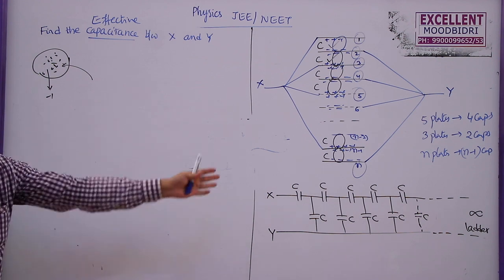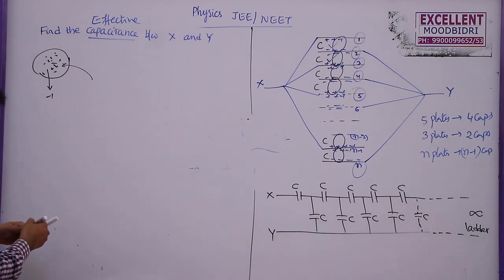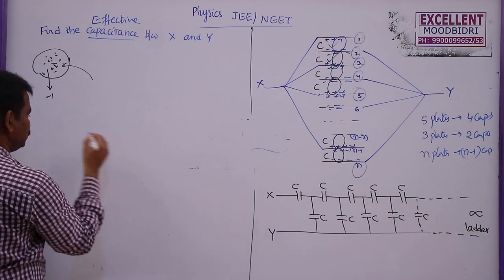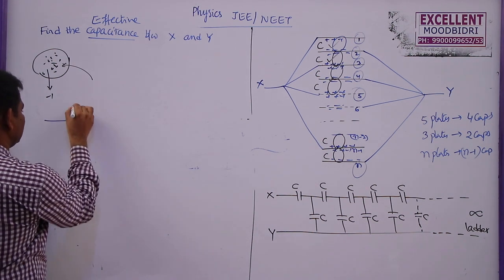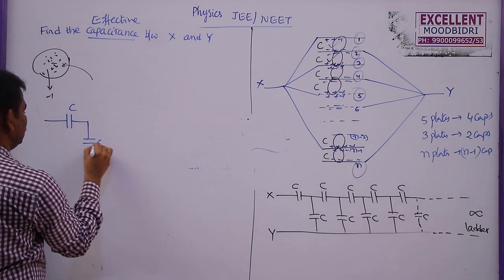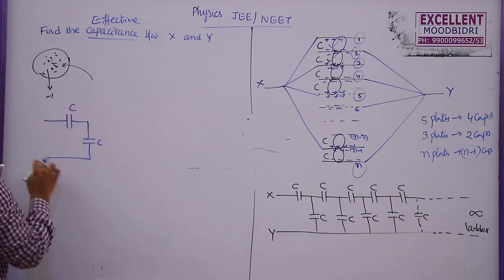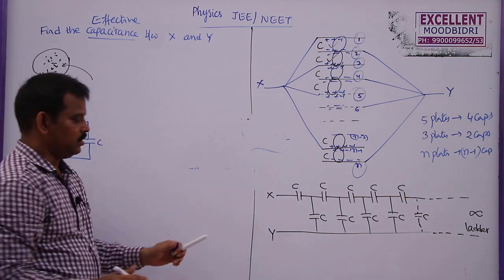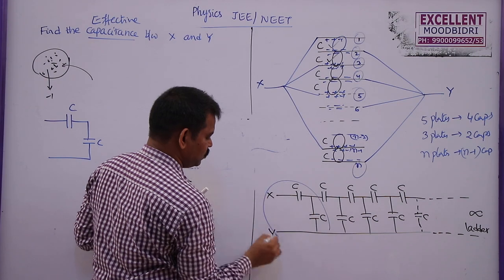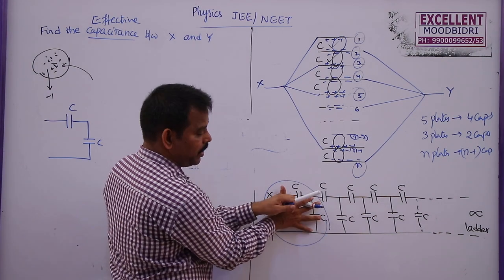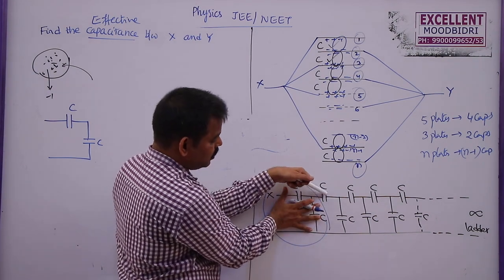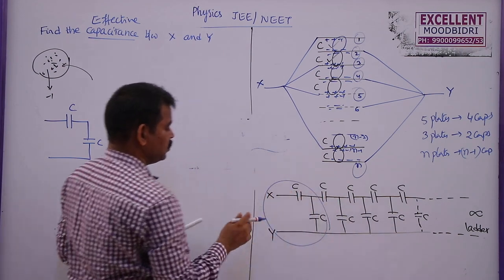Here also, this is a huge circuit, a ladder circuit. So what I am going to do, the first part is this one C, the second part is this. So this is a single part, just like a chain. You can see, if you remove this one, the remaining circuit remains as it is. So these are all the links.